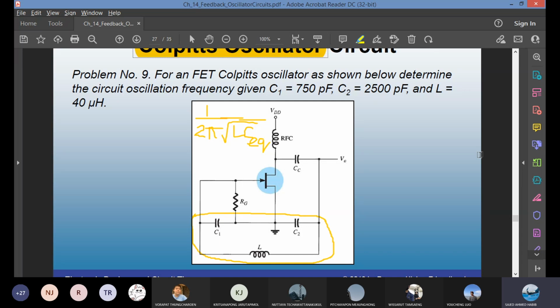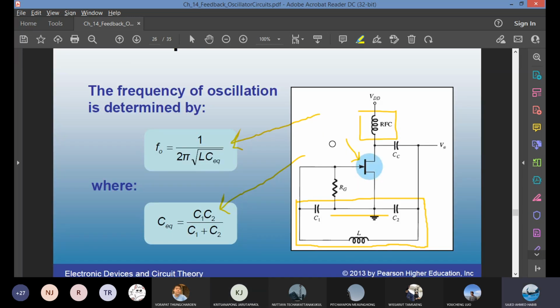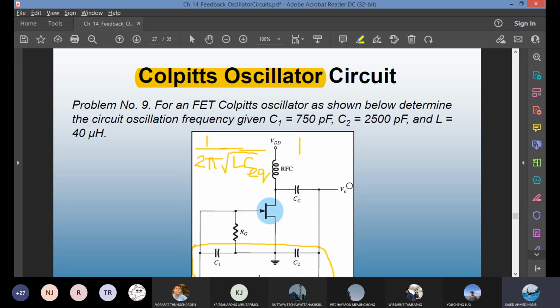So did you forget the square root sign then? Maybe. The capacitor formula is this: C1 C2 over C1 plus C2. In which manner are you going to get microhertz?